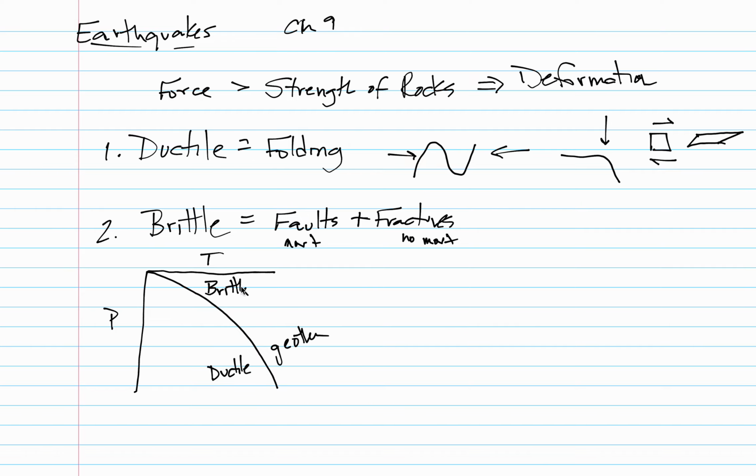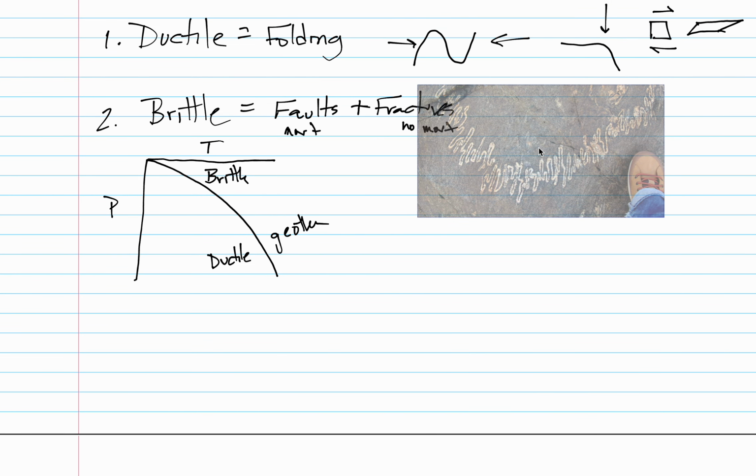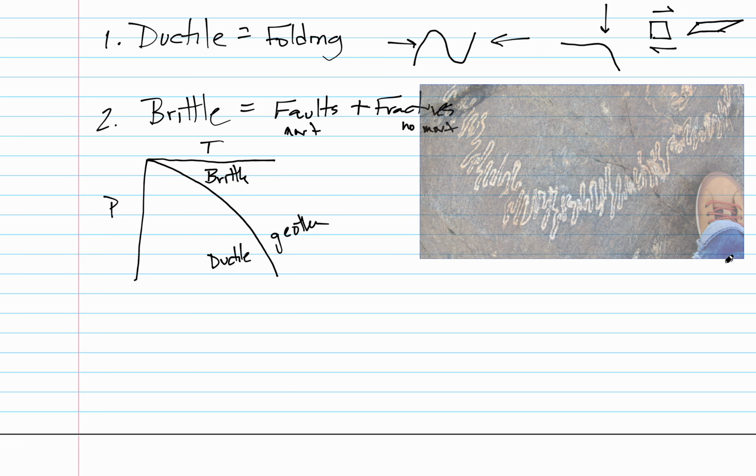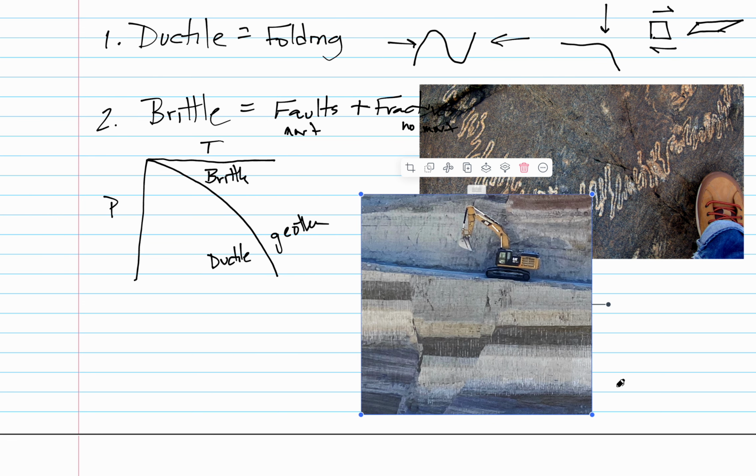Let's get some pictures real quick before we move on. Here is a cool picture, don't remember where I grabbed this one, of a rock that has been completely compressed and smeared and folded very tightly. Very impressive metamorphic folded rock. And now here's another picture. This one's really cool as well.